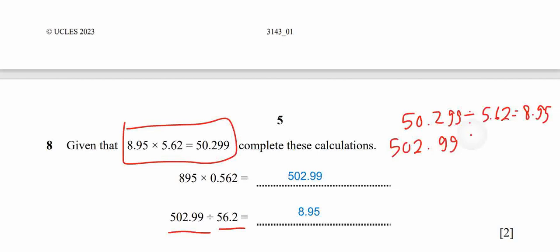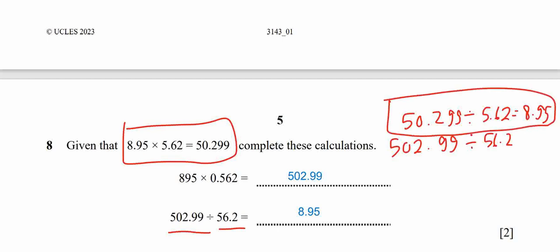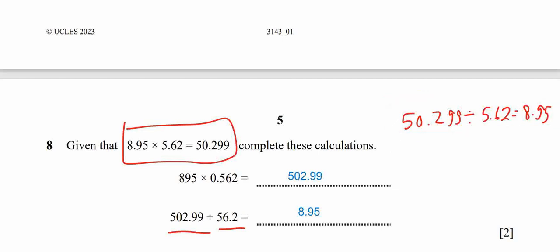Now it is 502.99 divided by 56.2. We have to modify the given equation, so it means we have to write this one as a fraction.